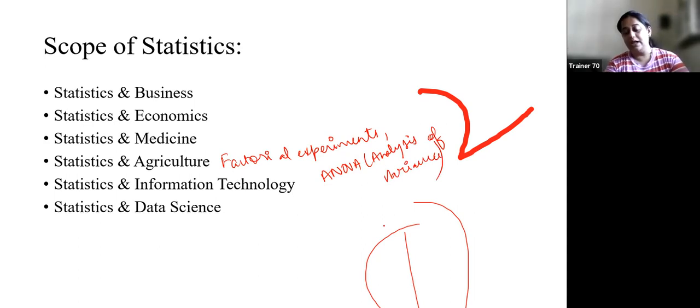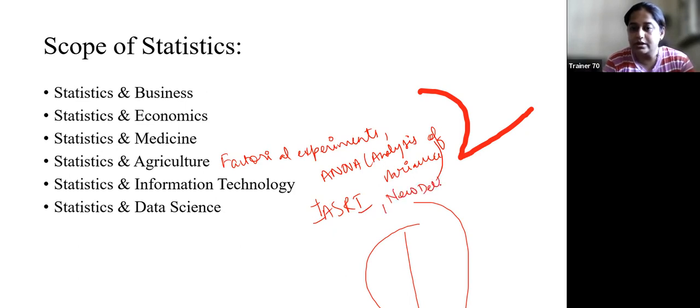So all these factors help agricultural scientists to come to a result about which crop will give better yield with a particular fertilizer. We have a special institute called IASRI, Indian Agricultural Statistics Research Institute. It is located in New Delhi, which does all kinds of agricultural research.